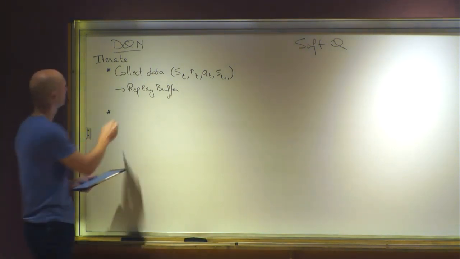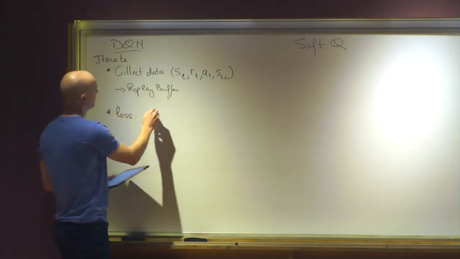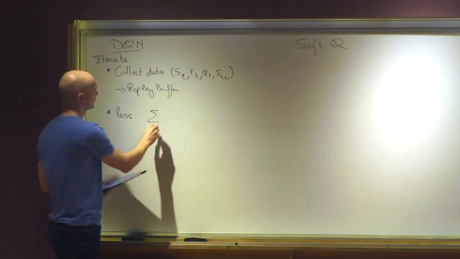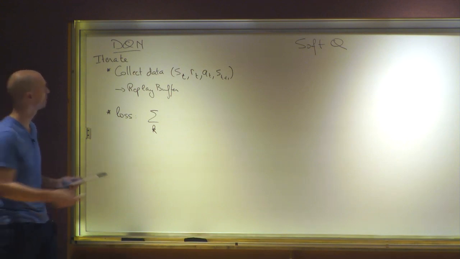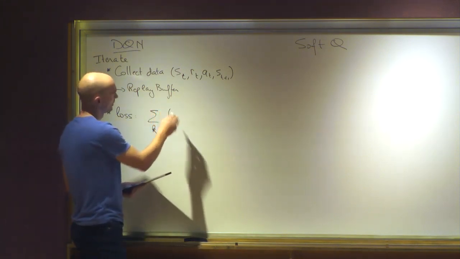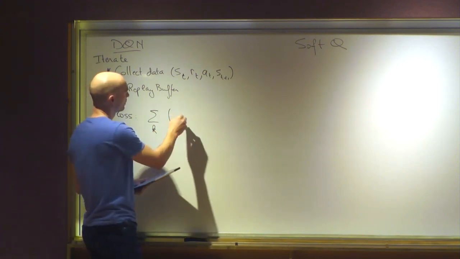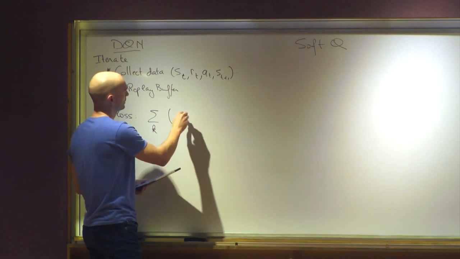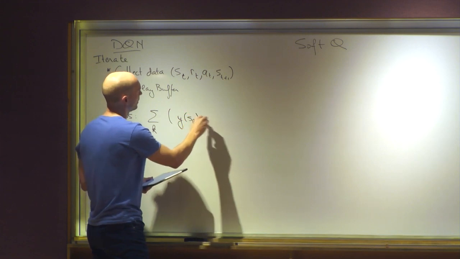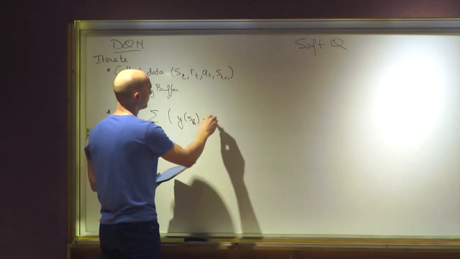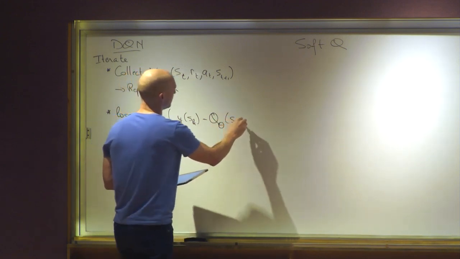So the loss you put forward is a sum over some experiences. Let's index by k, because it doesn't need to be exactly the most recent ones. Experiences you get from your replay buffer, of often squared loss or Huber loss, the target, often called y of s_k, minus what you currently have, which is your Q value, Q_theta of s_k, a_k.